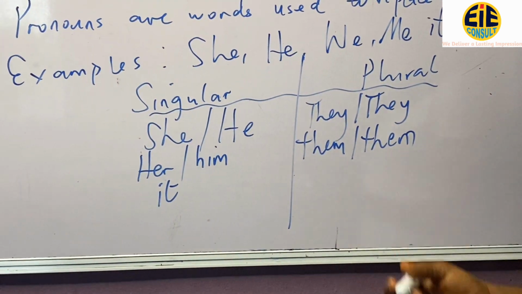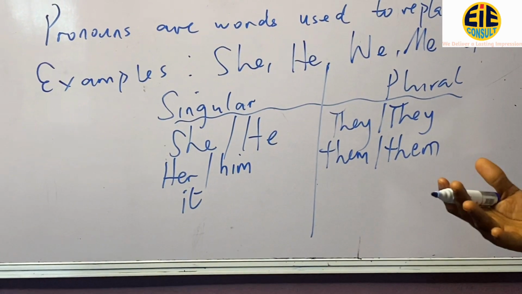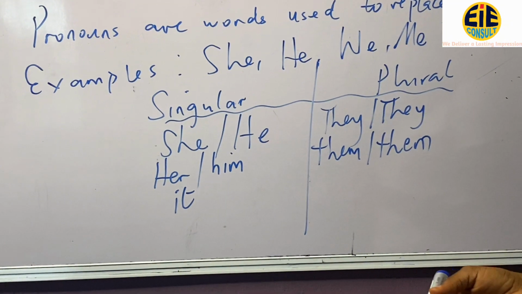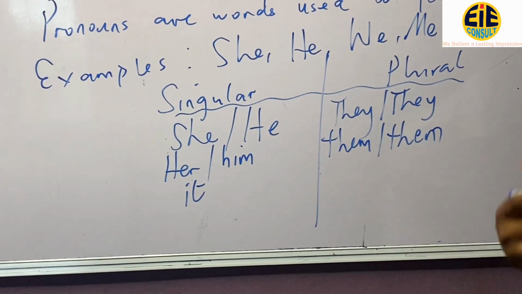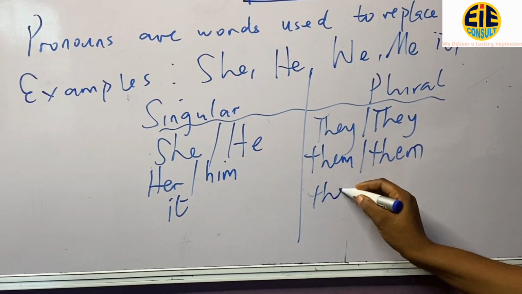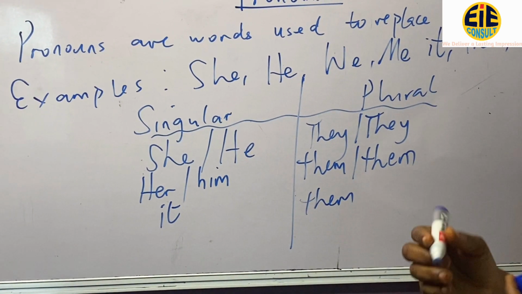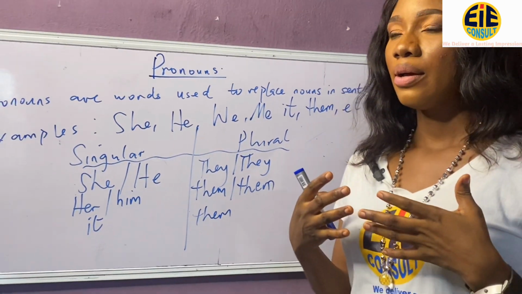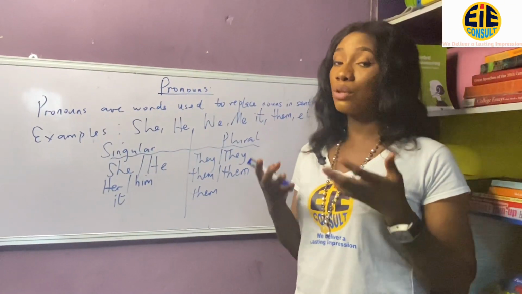It usually replaces lifeless and inanimate objects in sentences. So instead of using the name of an object in a sentence, I use it. The plural of it is also them. Note this, it can also be used to represent a person with an unknown identity.